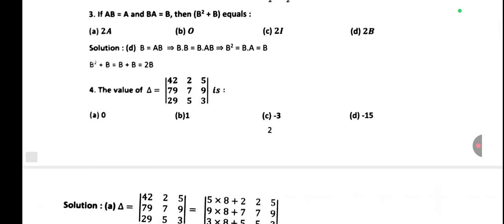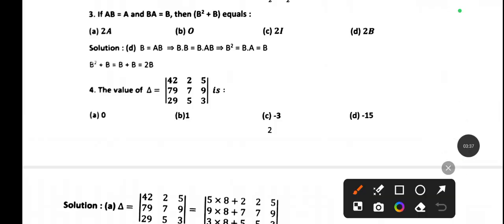My third question. Last year they had given the term square matrices, but here A and B are matrices, and they didn't mention it, though they may mention it this year. But A, B and all we are supposed to consider as matrices now. AB equals A, BA equals B. Then what is B square plus B?